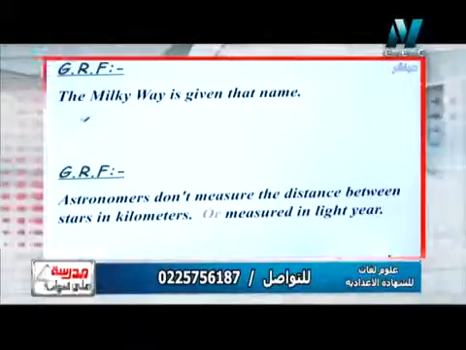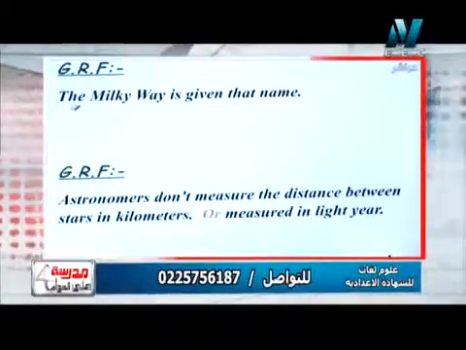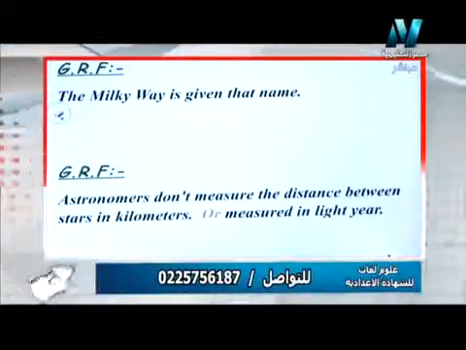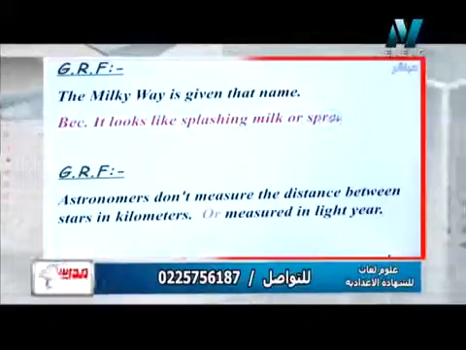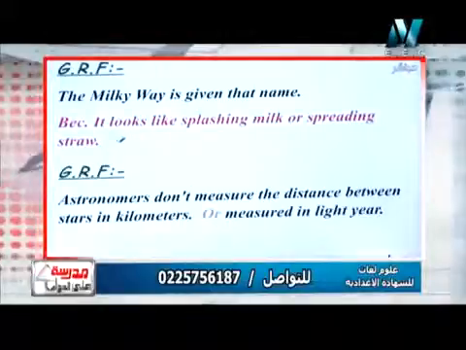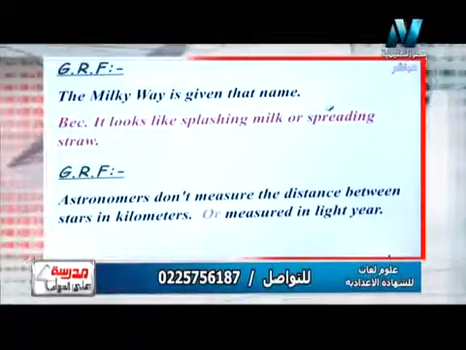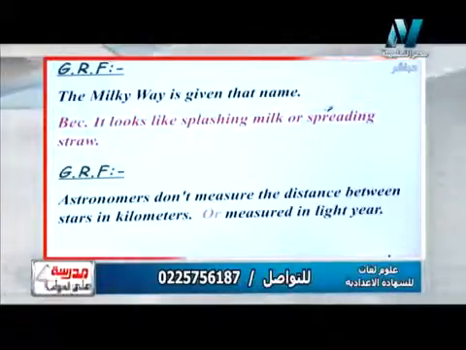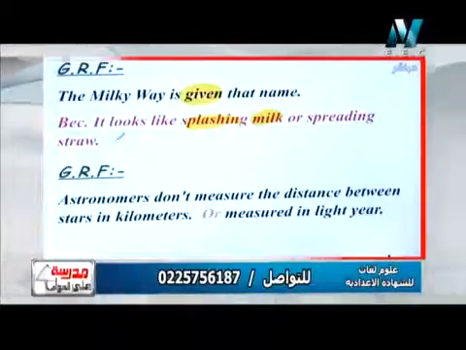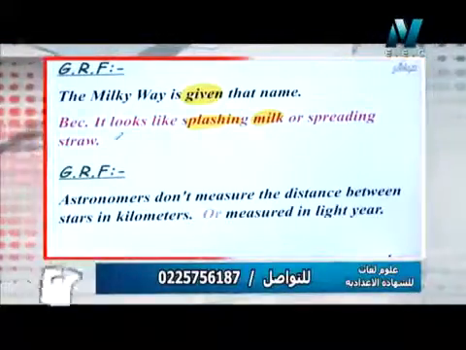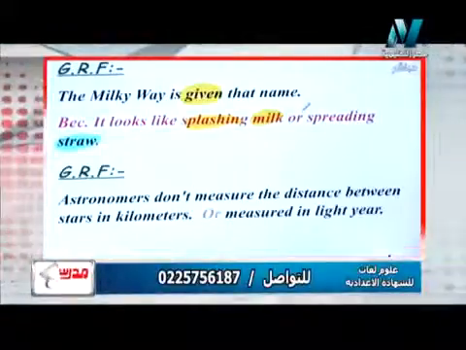Why was it named so? The word milky is clear from the word milk, because this galaxy looks like splashing milk, or spreading straw, like straw spread out. It is given that name because it looks like splashing milk. In Arabic they call it the milky band.